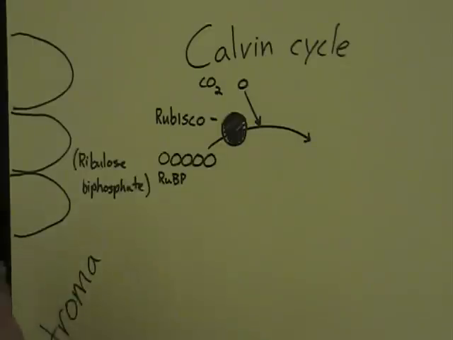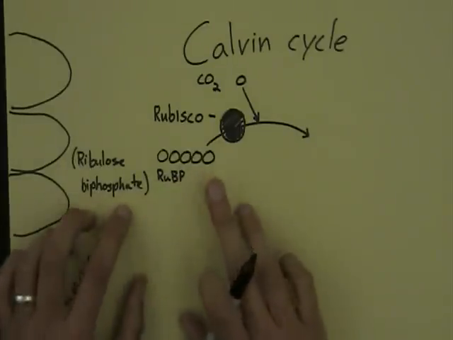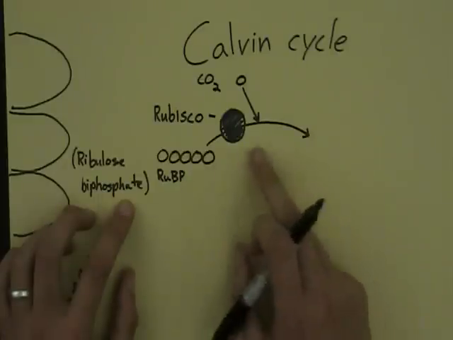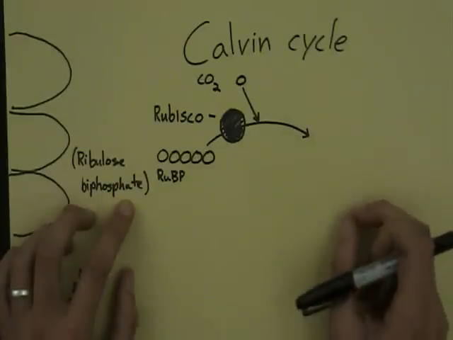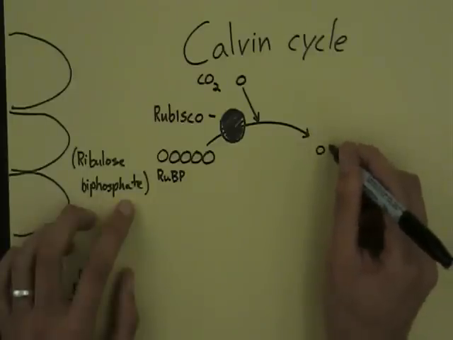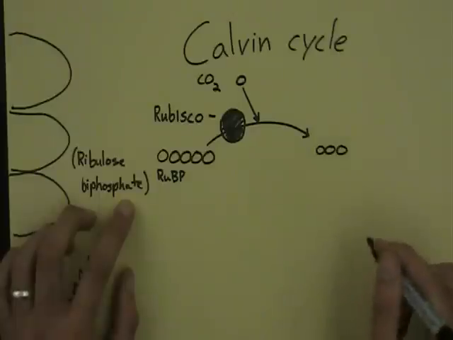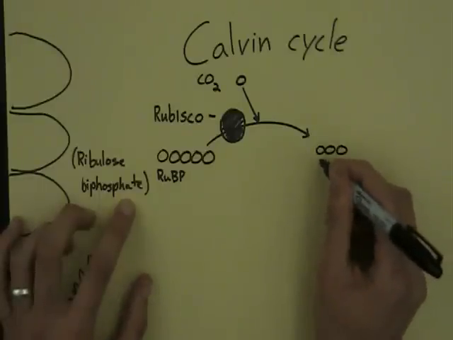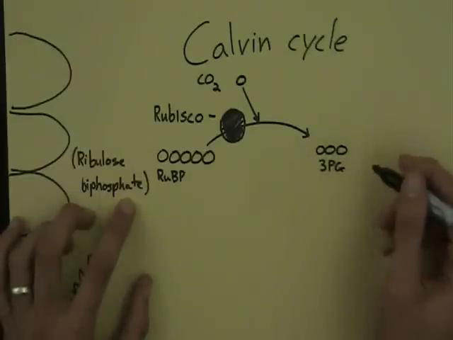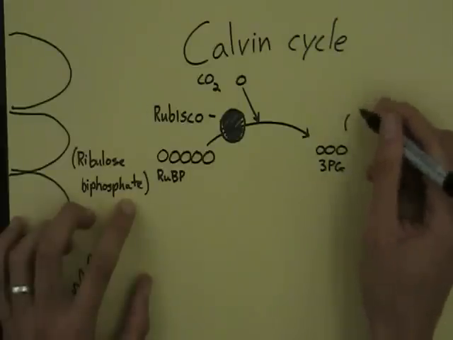So the RuBP, which is 5 carbons, binds to a carbon dioxide molecule, forming a 6-carbon molecule, which breaks down into 2 3-carbon molecules, and these have an abbreviated name of 3PG. I'll just write the full name out here.